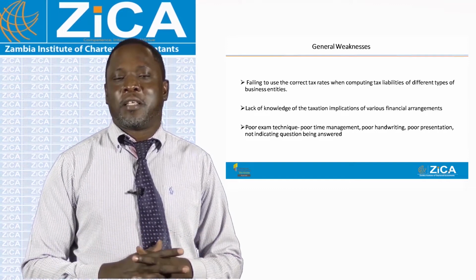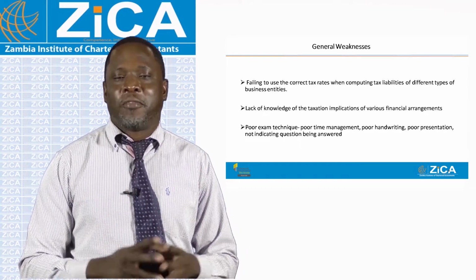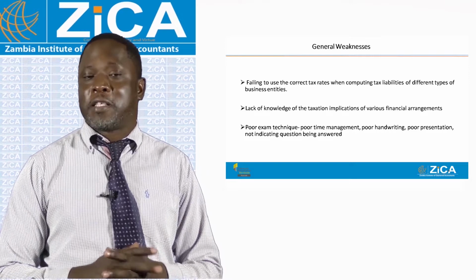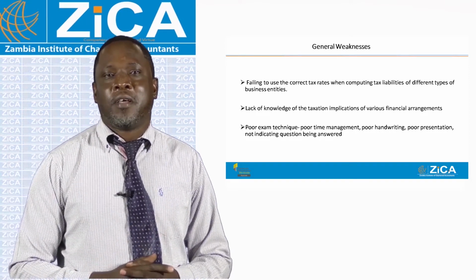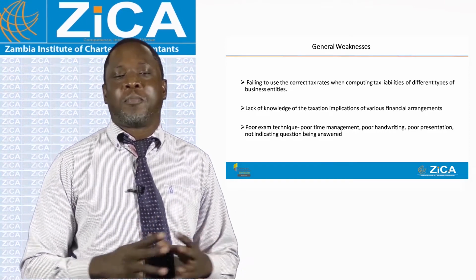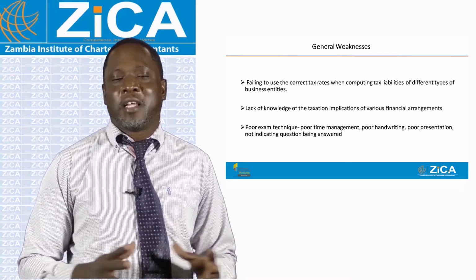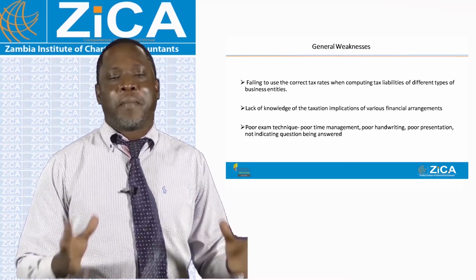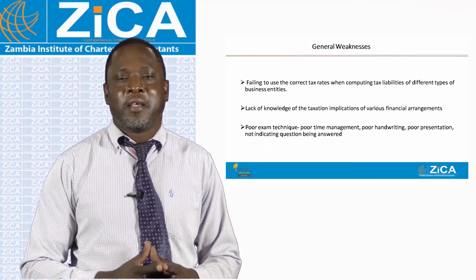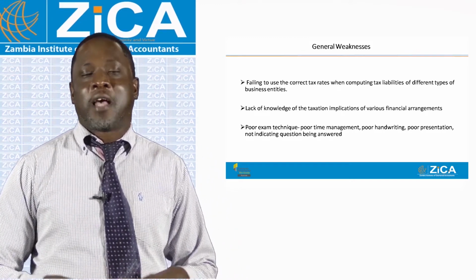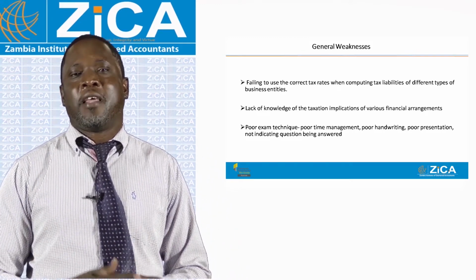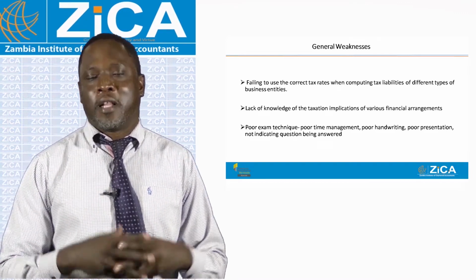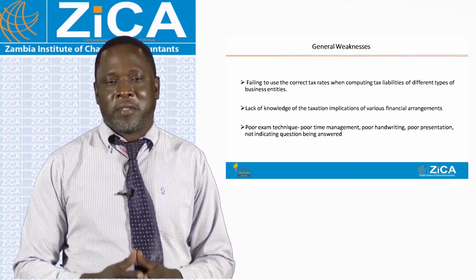Other students show lack of knowledge of the taxation implications of various financial arrangements. Whilst other students just demonstrate poor examination technique, poor time management, poor handwriting, poor presentation, as well as not even indicating the number of the question they are attempting.